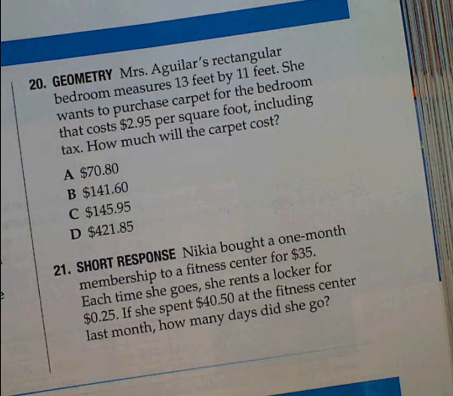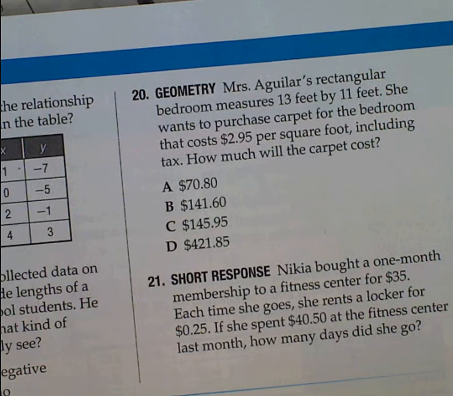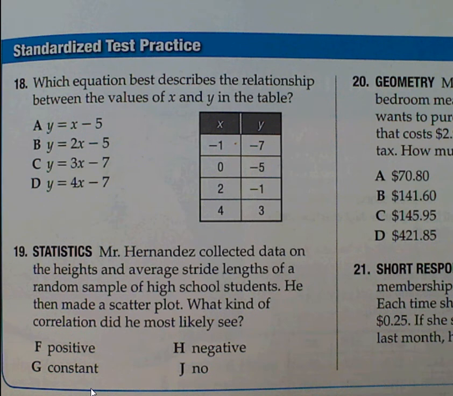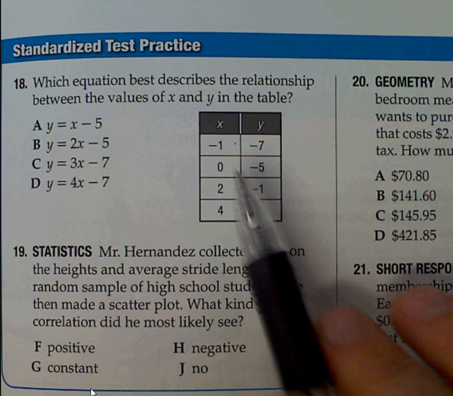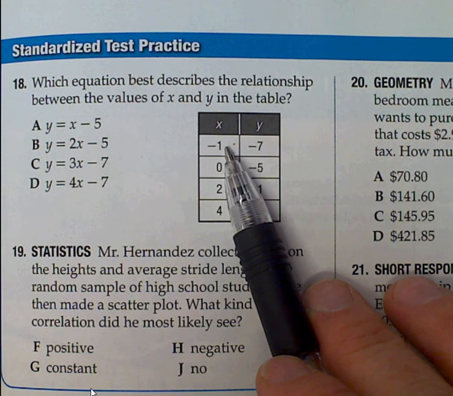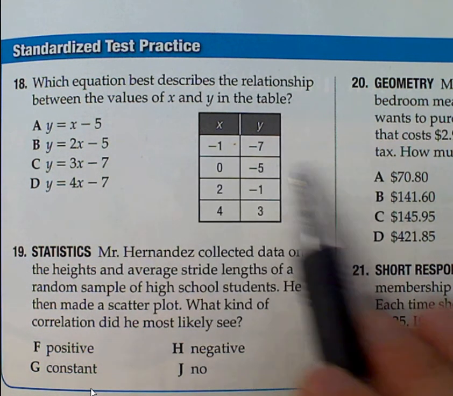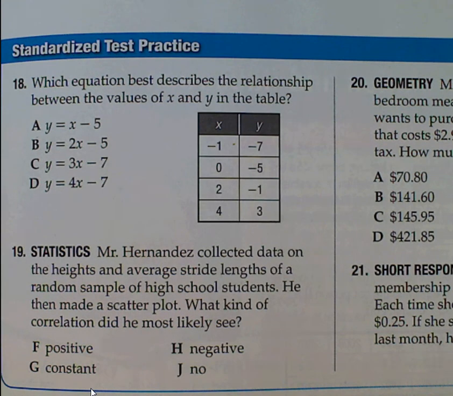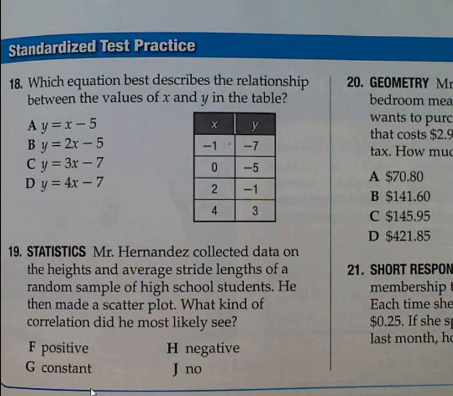So the last one is page 253, number 18. It says, which equation best describes the relationship between the values x and y? I want you to try first, but I need you to notice that I'm given 1, 2, 3, 4 different points. So I could use 2 points to find my equation of the line. Go ahead and try.